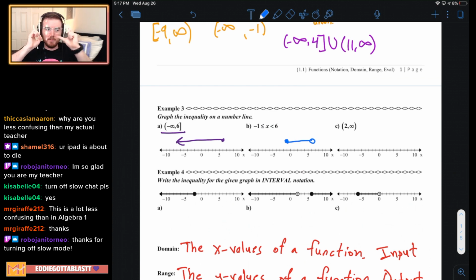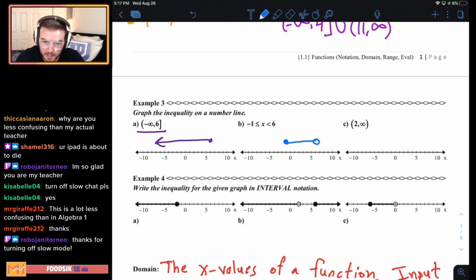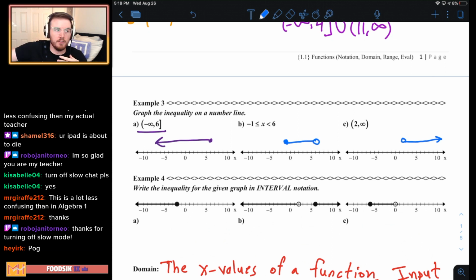So that's a smaller group of numbers, but still a range nonetheless. From 2 to infinity. So the parenthesis means not include, so I'm going to use an open circle to say, well, it's starting at 2, but it's not actually including 2. And then it's going from 2 clear out to infinity. When it goes off to infinity, there's no end, it's just an arrow.